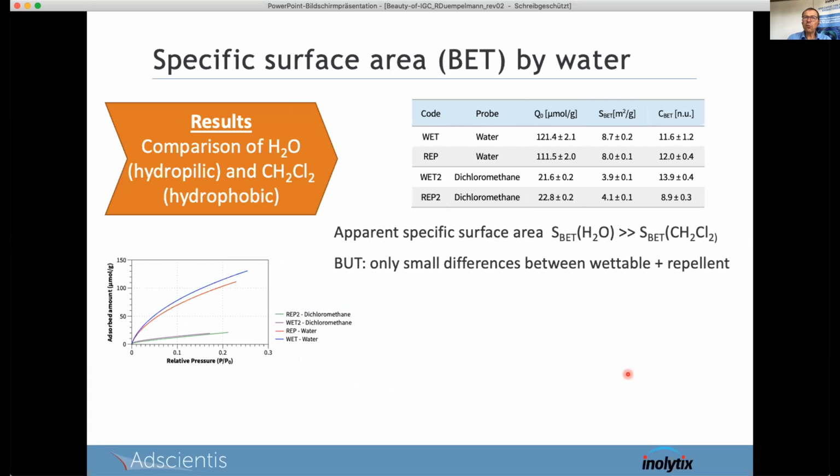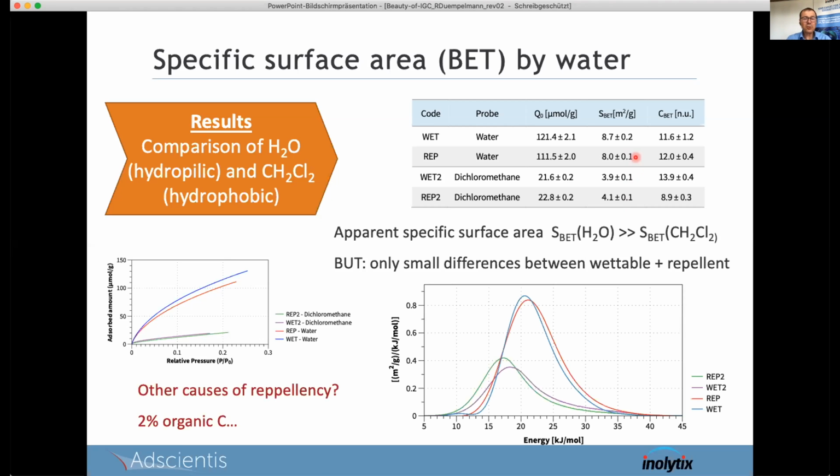This relates also to specific surface areas, and you see the detected areas are smaller than with water, which is kind of what you would expect, but the differences are relatively small. Surface heterogeneity, yeah, there are some small differences, but not really so convincing, I would say.